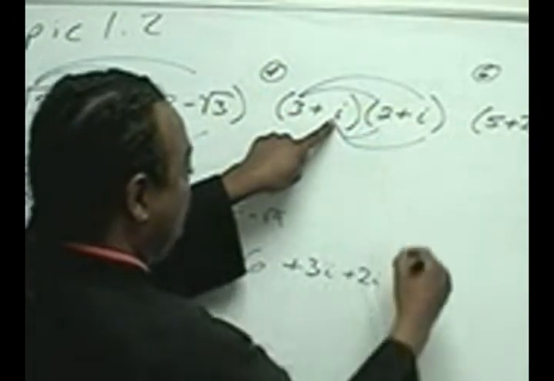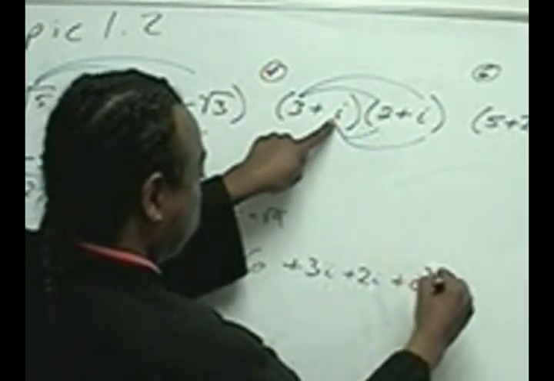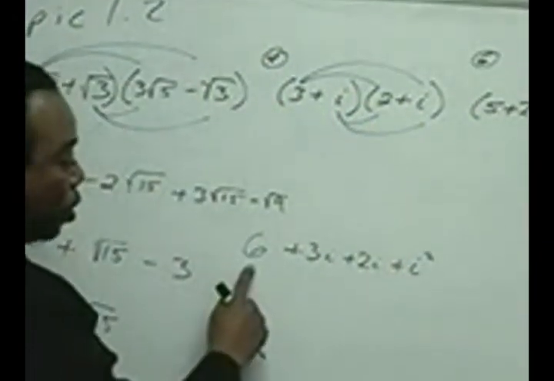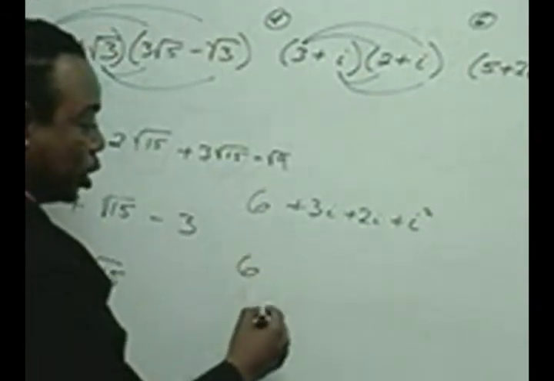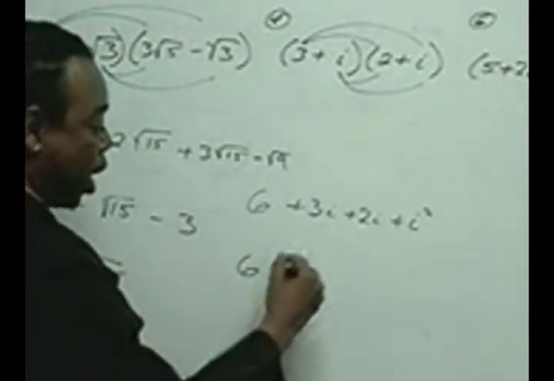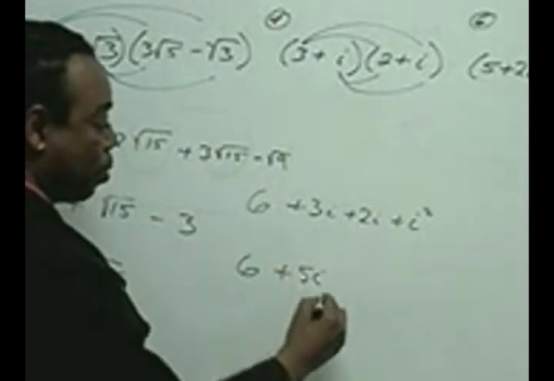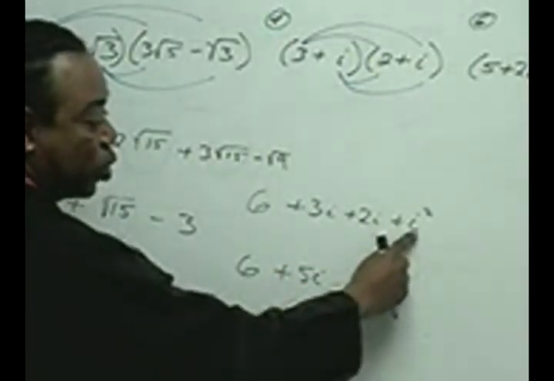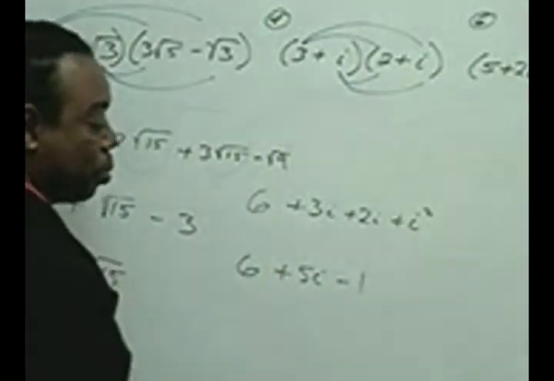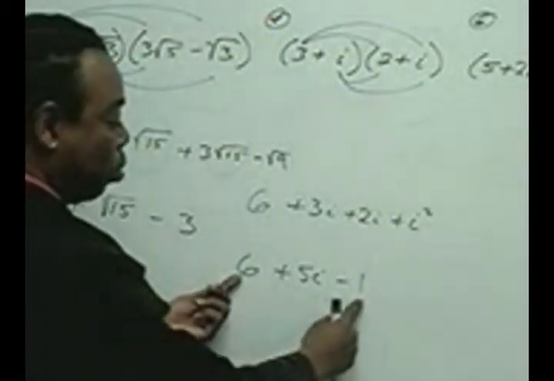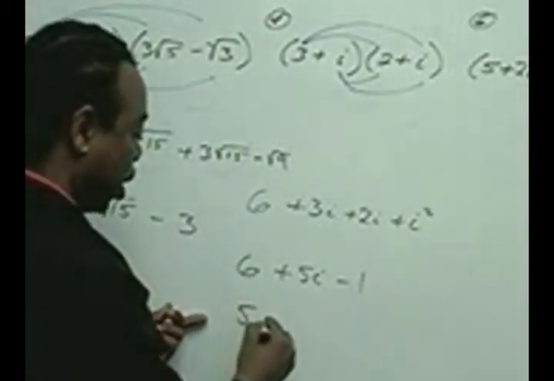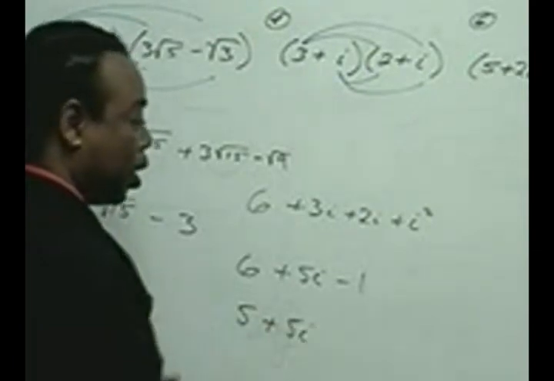And multiplying the i and the i, we get a plus i squared. The 6 does not simplify, but the 3i and the 2i add together and give us 5i. i squared can be simplified to a negative 1. So now we have a 6 and a negative 1. Those two can be simplified to a 5 plus 5i.